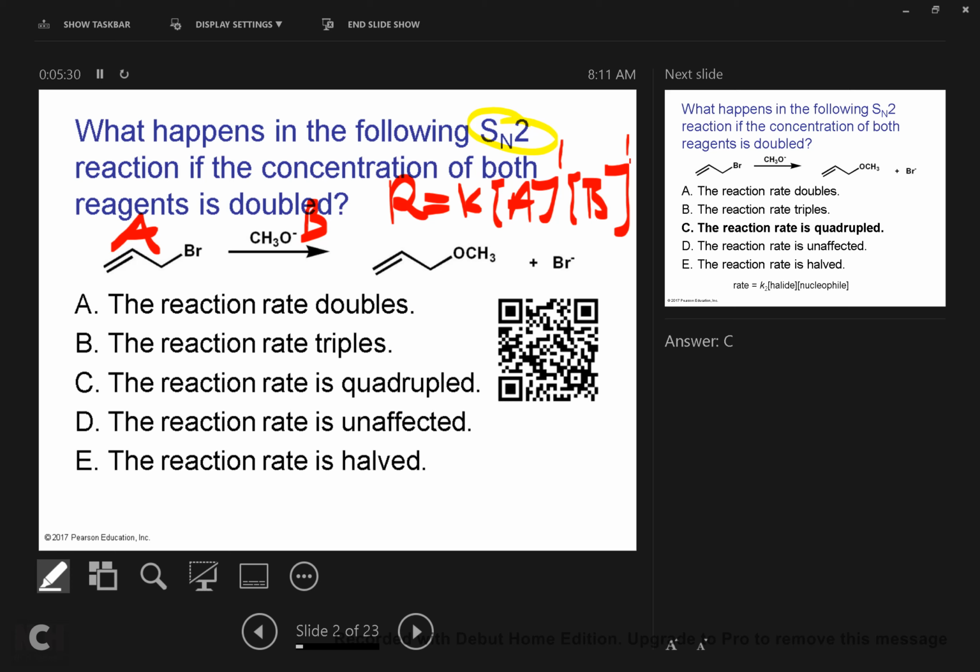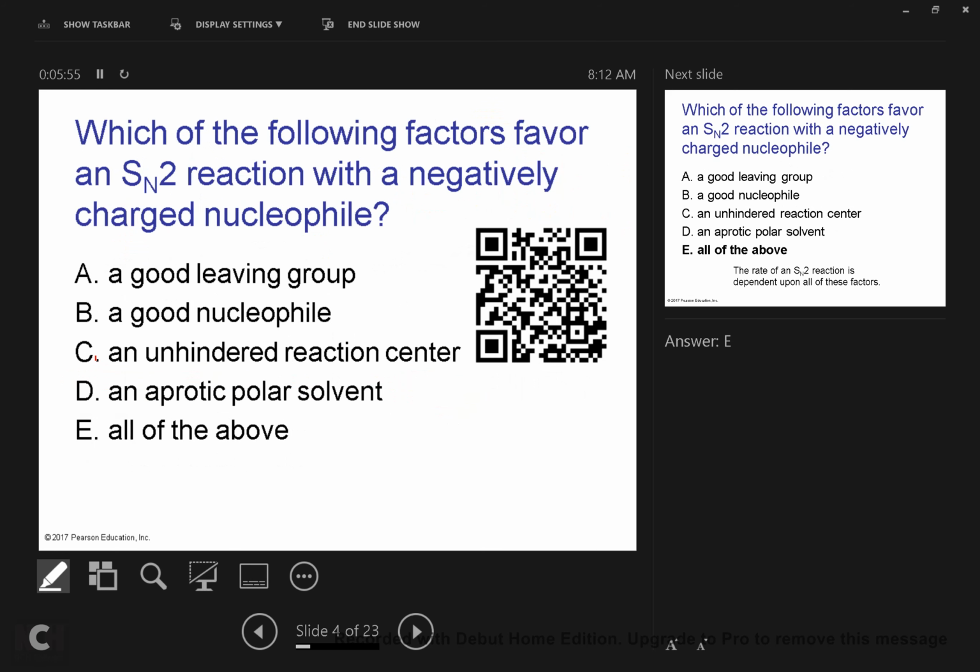Ninefold. Right? It increases by ninefold for a third order reaction. So in this case, the reaction will quadruple. Does that make sense? So that's basically what we learn in Gen Chem, because it's a second order reaction. Next one.